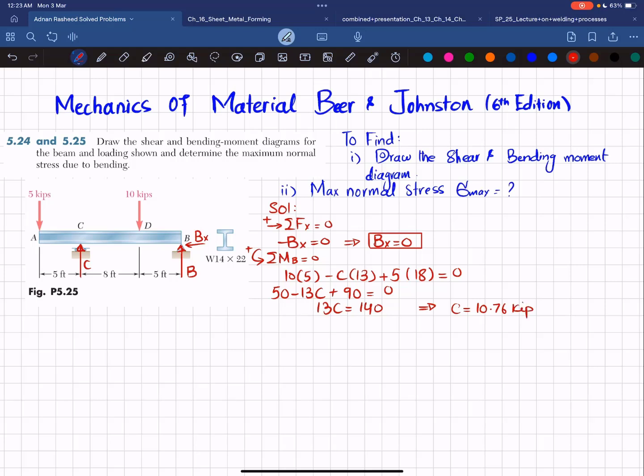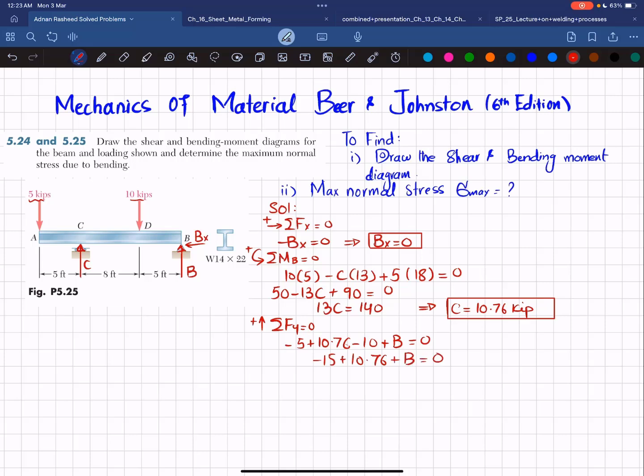Okay. Now you have this C, so you can find this B by using the third equation of equilibrium, that sum of all forces along y direction must be equal to 0 and upward force is taken as positive. So minus 5 kips plus C, so minus 5 plus C is 10.76 minus 10 plus B is equal to 0. So you can see minus 15 plus 10.76 plus B is equal to 0.